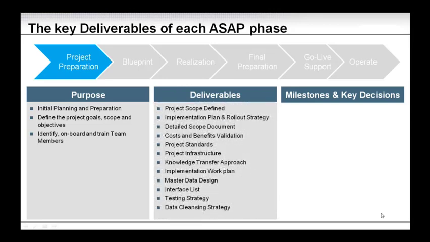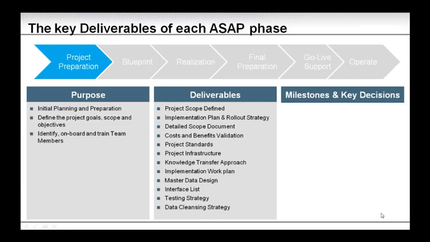The deliverables are also a lot. Now, this list of deliverables is a summary of the overall deliverables in each phase. These are the key ones highlighted. So we need to define the project scope. We need to have an implementation plan and rollout strategy. We need to have detailed scope documents, and cost and benefit validation of our business case. How are we going to validate it?